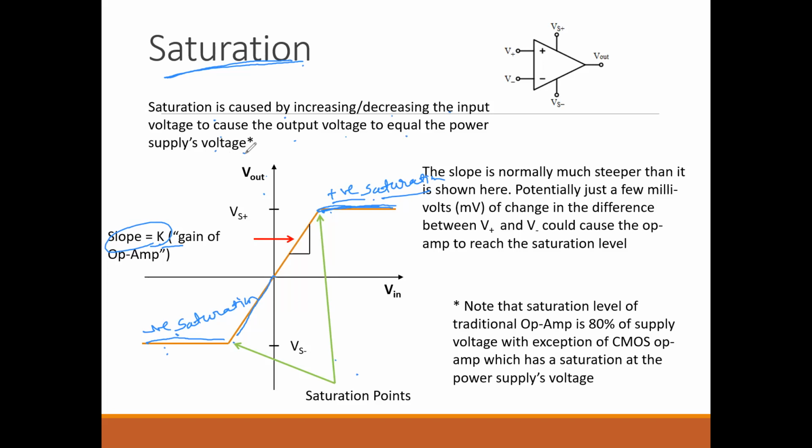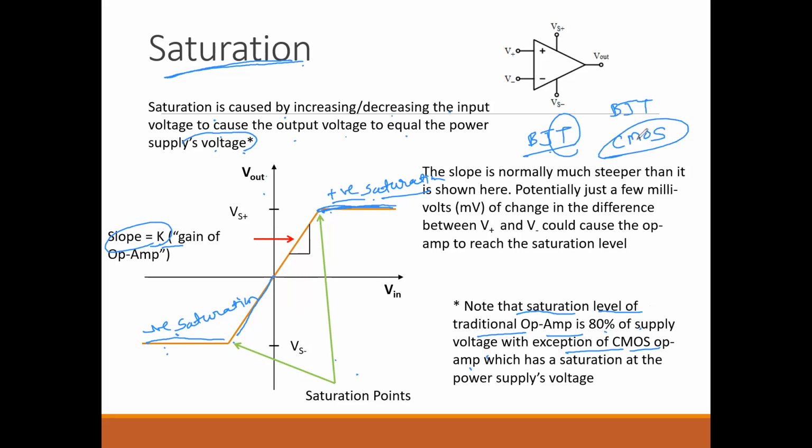the power supply's voltage. Now power supply voltage means what? Note that the saturation level of a traditional op-amp is 80% of the supply voltage, with the exception of CMOS op-amp. We are using a BJT op-amp, that means bipolar junction transistor op-amp. There are types of transistors, which types? One is bipolar junction transistor, the other is CMOS transistor.